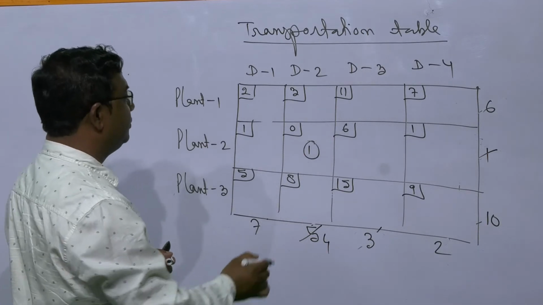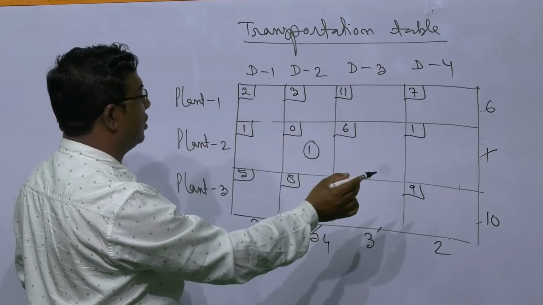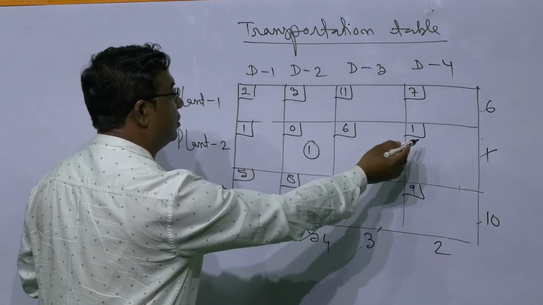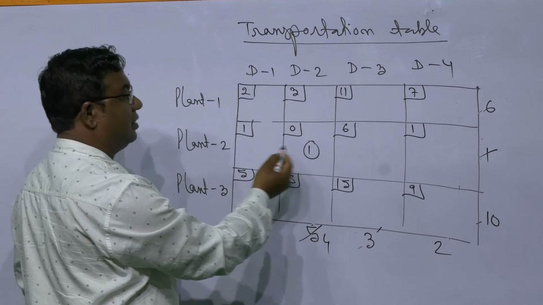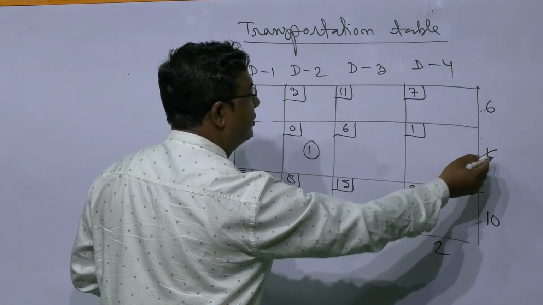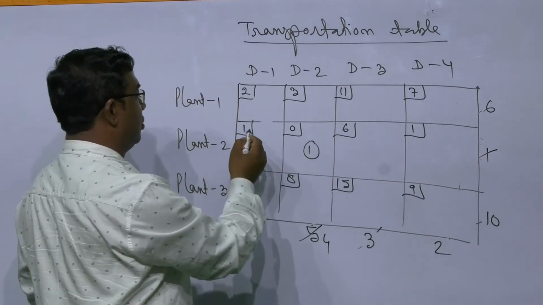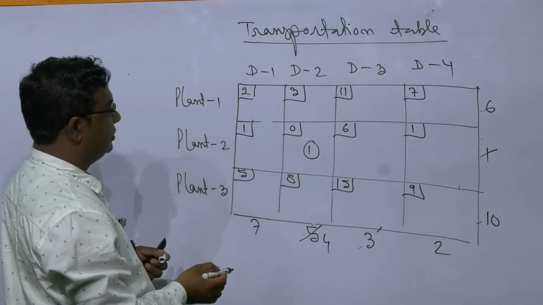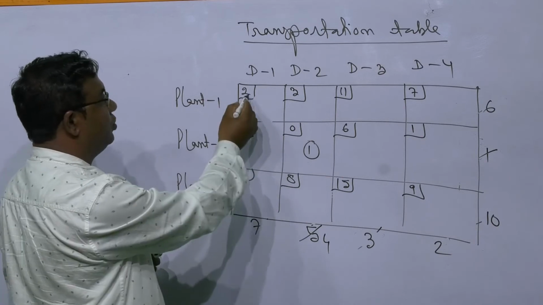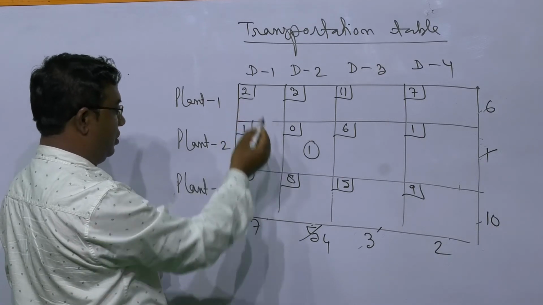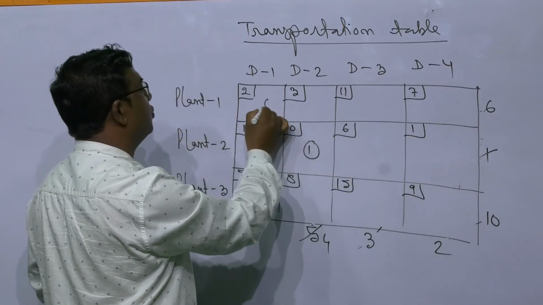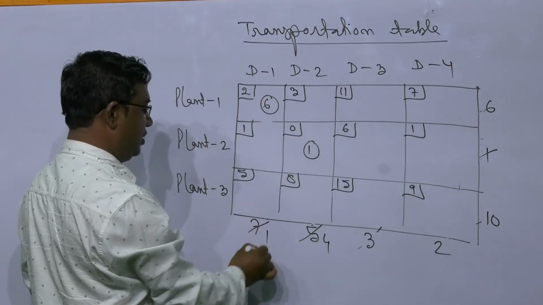Then next, you take the next smallest one. So 1, 1. We have to do here, but there is no entry in the second row, so we leave this place. Then next, the smallest, 2, is here. So we allocate here. This is 7, this is 6. You put 6 here, so the remaining is 1.